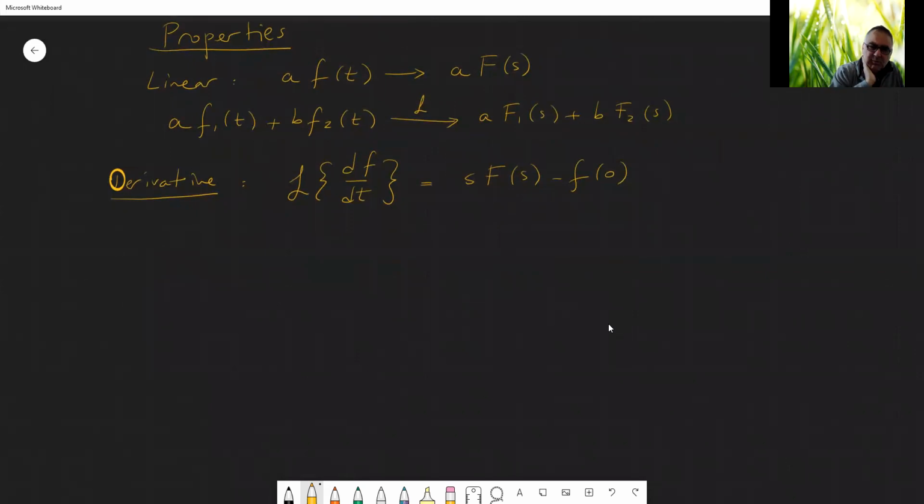You can just look at textbooks and so on. It is not only this, but the Laplace transform of the second derivative, obviously, is s squared F of s minus s f of 0 minus f prime of 0.